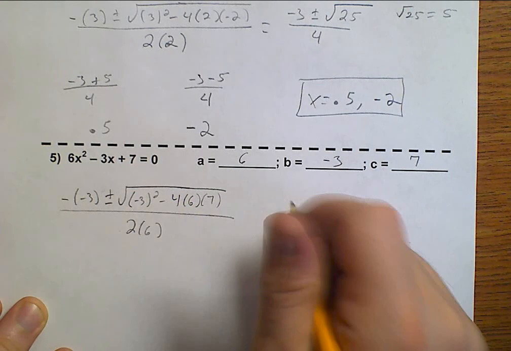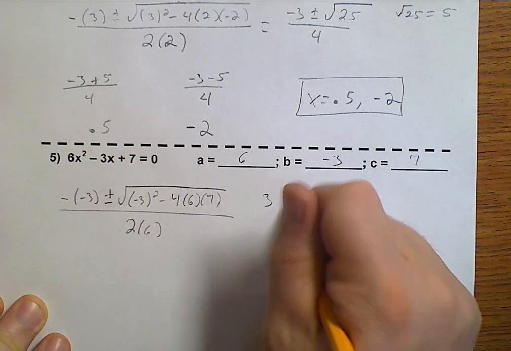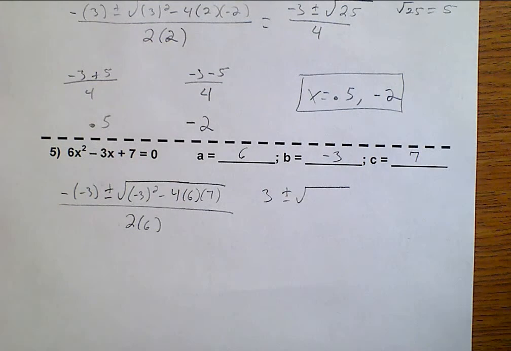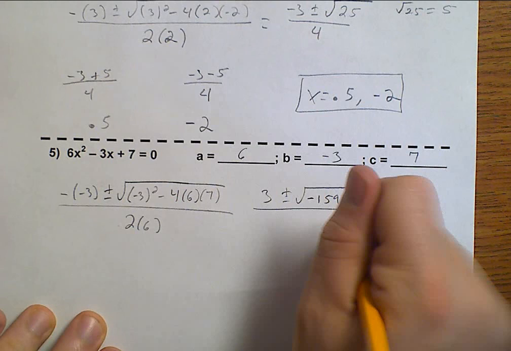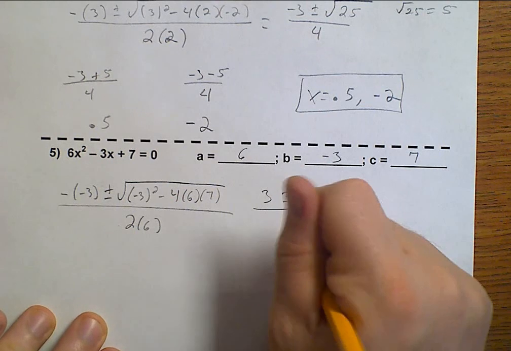Well, negative 3 is a positive 3 plus or minus the square root. Let me go ahead and plug this in. Negative 3 squared minus 4 times 6 times 7 gives me negative 159 all over 2 times 6 is 12.